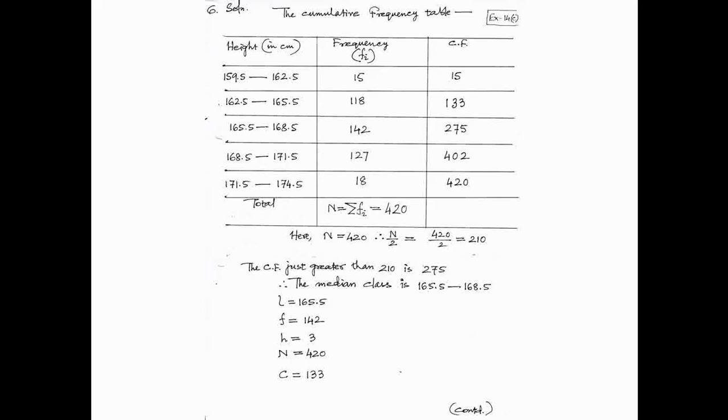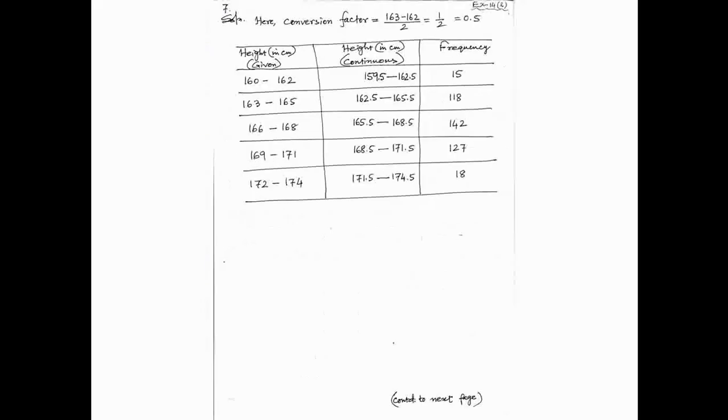So before 275, what is the cumulative frequency? That is 133. So this is the value of C. So you got all these values. And now we will apply the formula of median and you put the values.